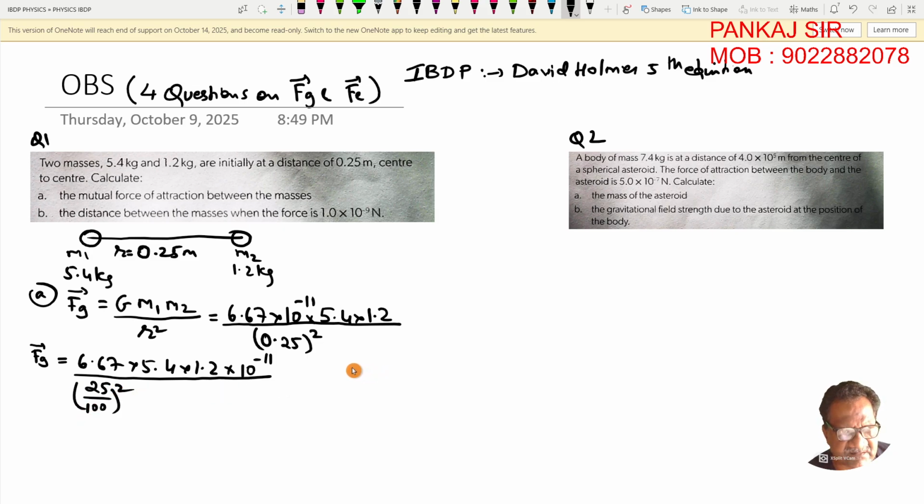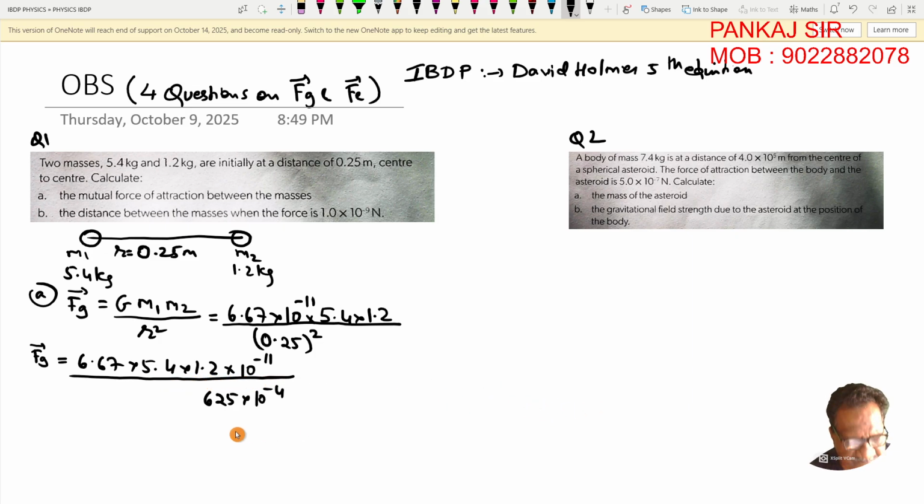This can be written as 625 upon 10 raised to 4, which is otherwise 625 times 10 raised to minus 4. I will remove this and write only 6.25 times 10 raised to minus 4. I hope you understand what I'm doing.